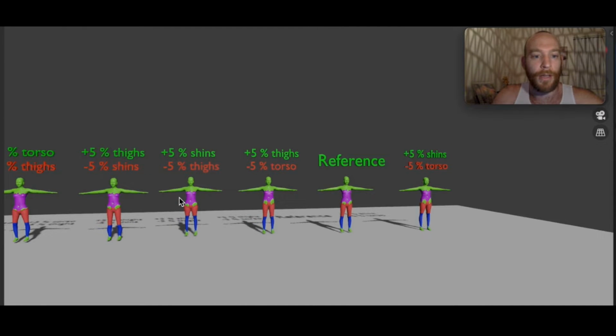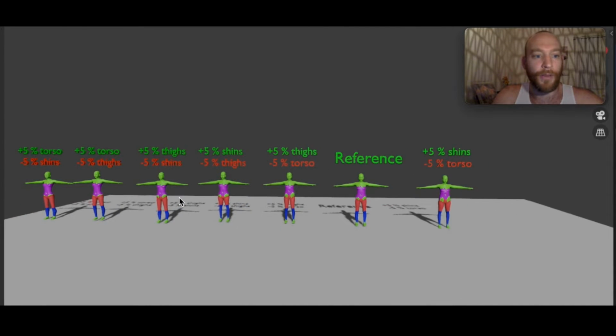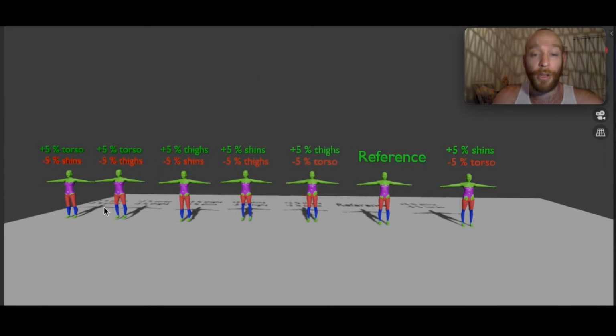you can see all of the different models, and each of the models has a purple section, which is the torso, a red section, which are the thighs, and a blue section, which are the shins. And the point of labeling each of these sections is that I modify 2 of those sections in each of these models.